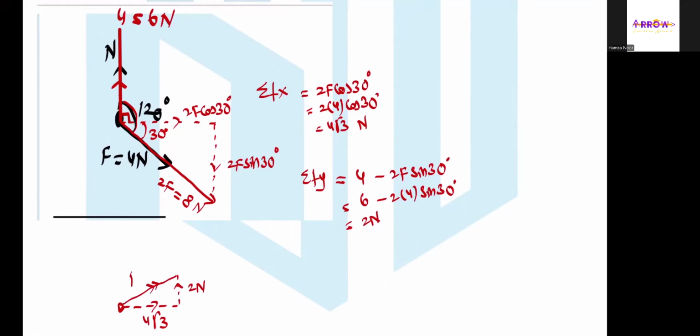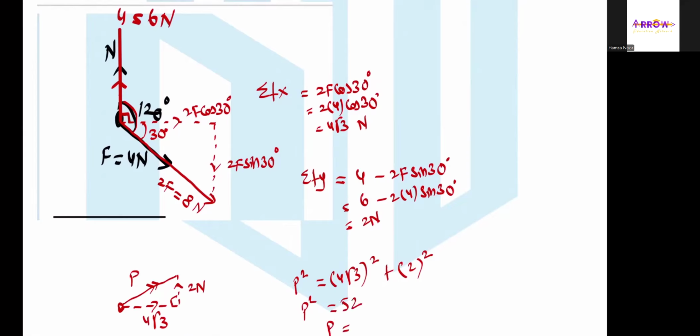Now, to find the magnitude of P, we can use P squared equals 4 root 3 squared plus 2 squared. Put this in your calculator: 4 root 3 whole squared plus 2 squared is 52.